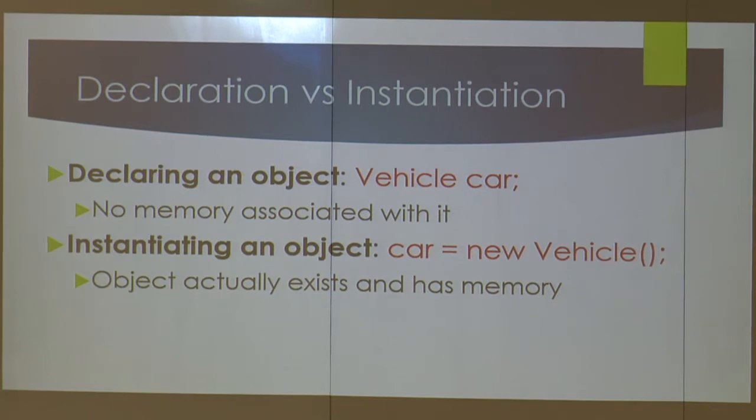Instantiating an object is when we actually make the instance, so that's when we have to call the constructor. You can see on the third line, I say car equals new vehicle, which means we actually called the vehicle constructor, and now there's a piece of memory associated with the car object. So the car object really exists. It's really an instance.